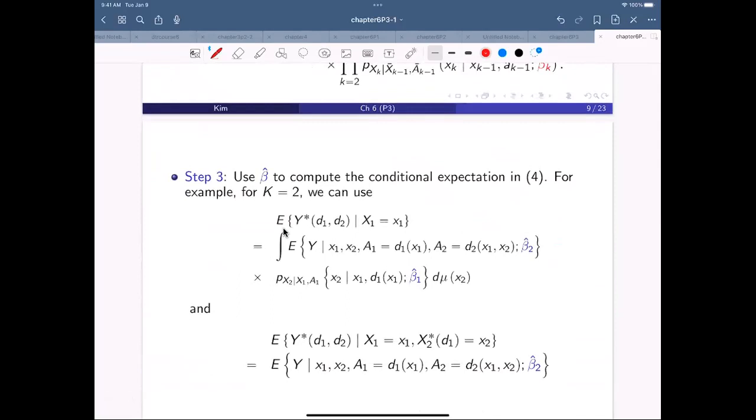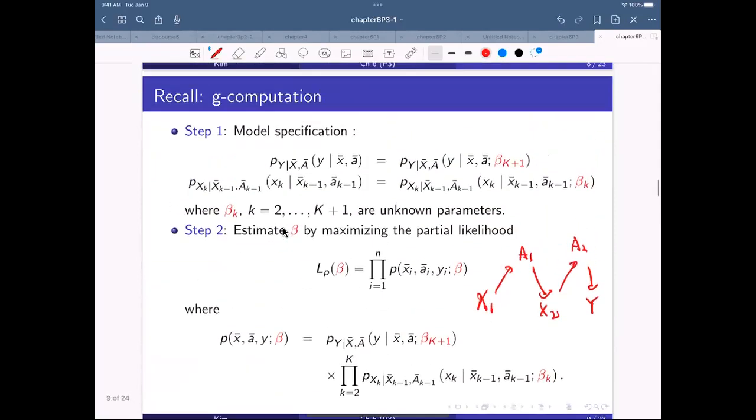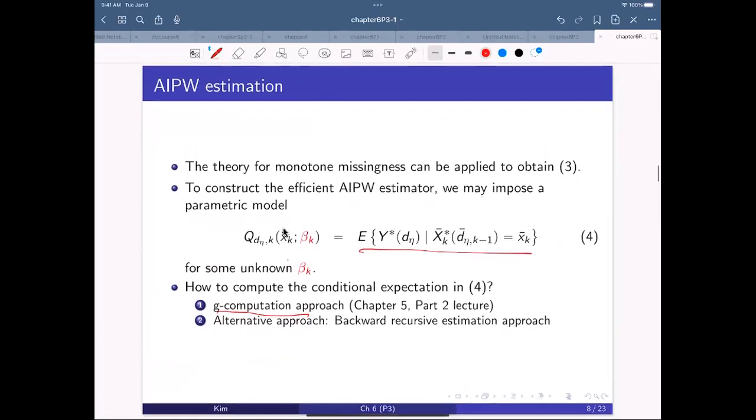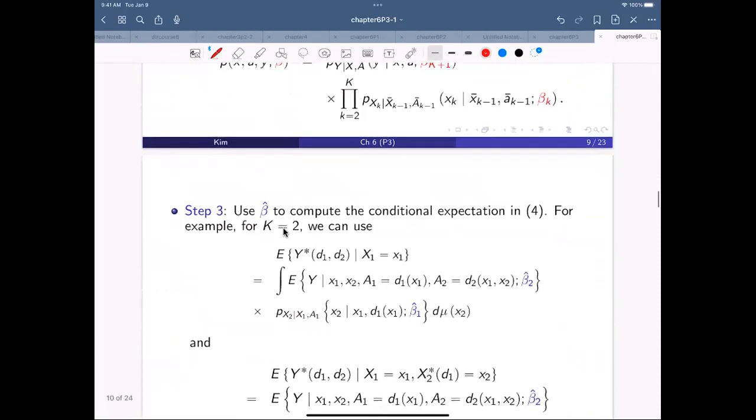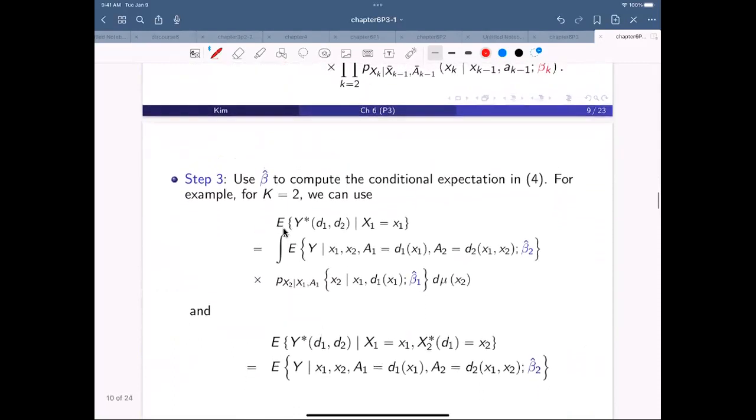Then you are in a position to compute this causal potential outcome regression model, because you know everything. For example, whatever D1 and D2 are, you can compute using this probability, and this one you can compute from beta 2.